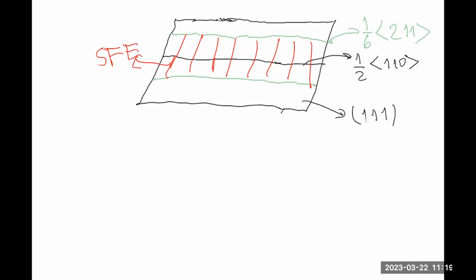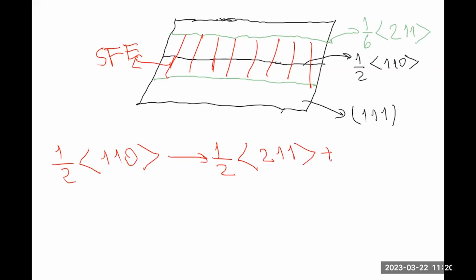So let's check the reaction. 1/2 edge dislocation, 1, 1, 0, dissipates into 1/6, 2, 1, 1, plus 1/6.